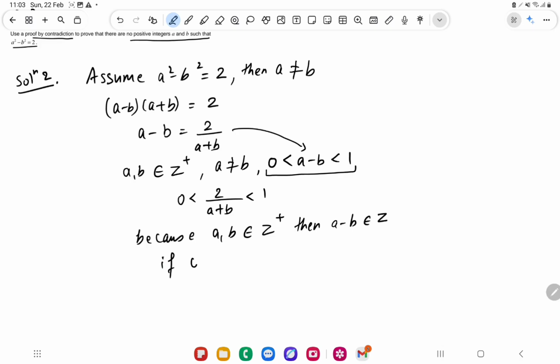However, if A minus B is between 0 and 1, it means A minus B cannot be an integer because it is falling between 0 and 1. Therefore, there are no positive integers A and B such that A square minus B square is equal to 2. So like this we can explain this.